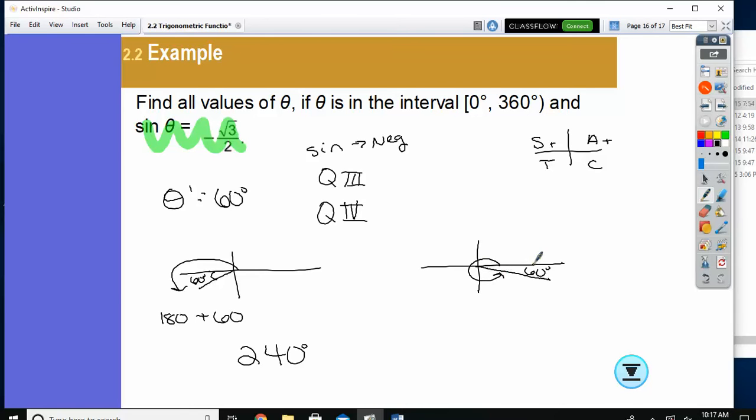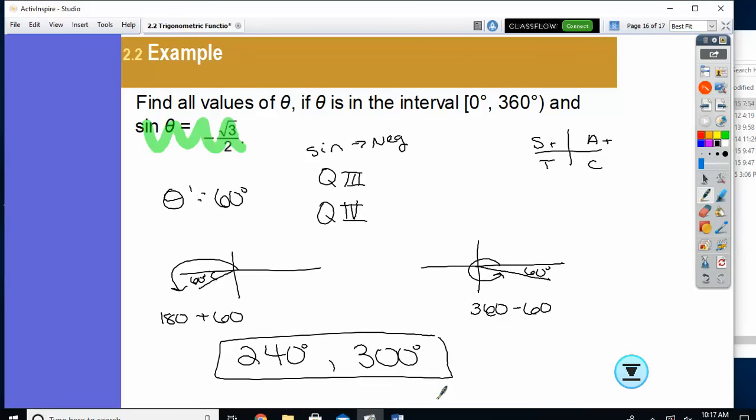I need this. We know the whole thing is 360. So if I did 360 minus 60, that little missing piece is 300. So the 2 times when sine would be a negative radical 3 over 2 is at 240 degrees and 300 degrees. Any questions there?